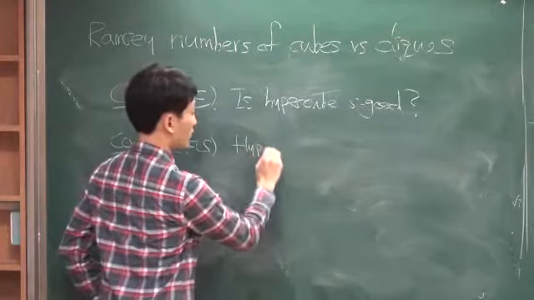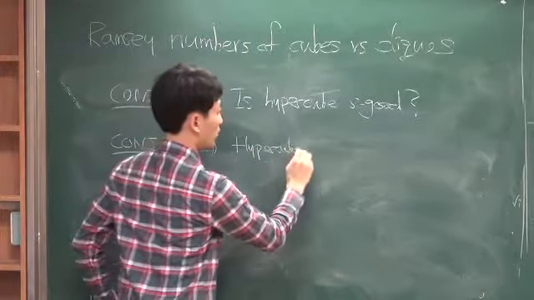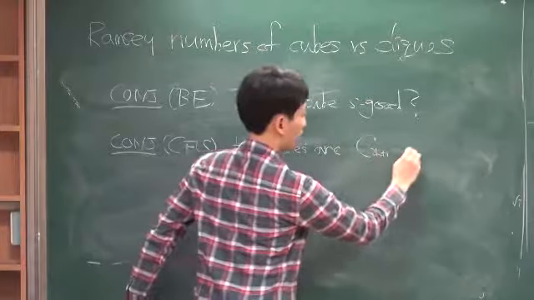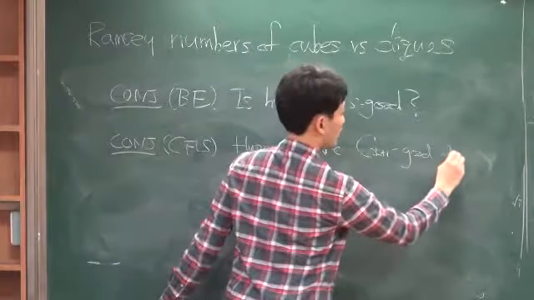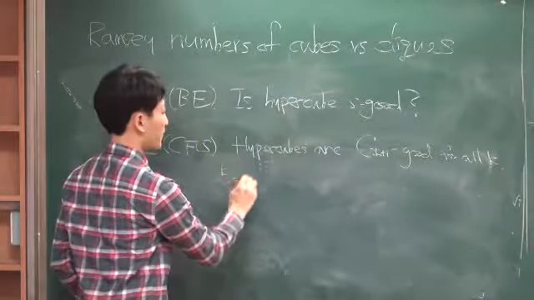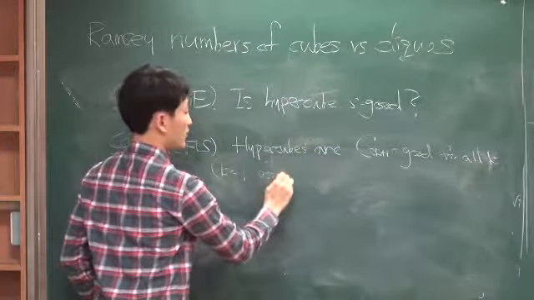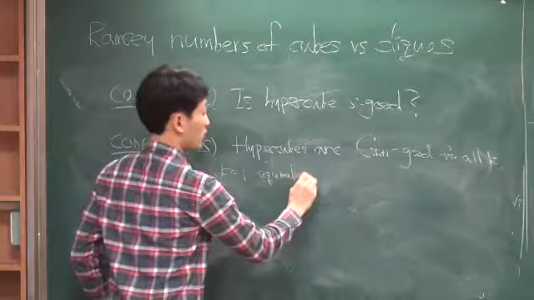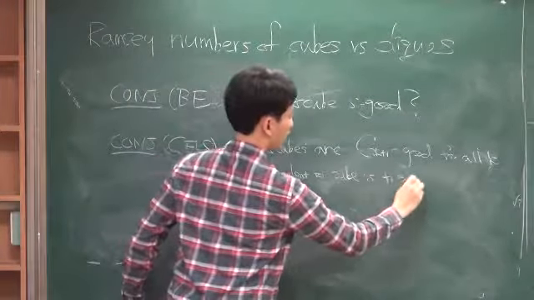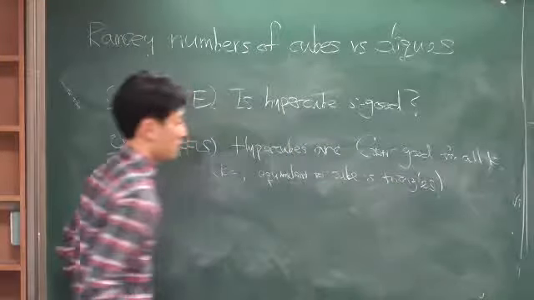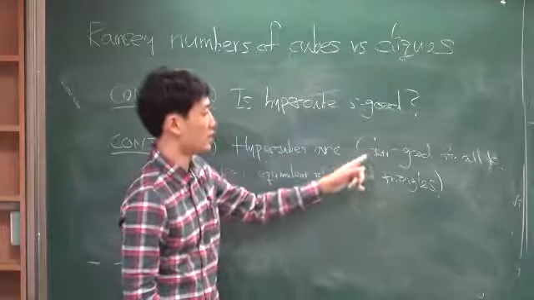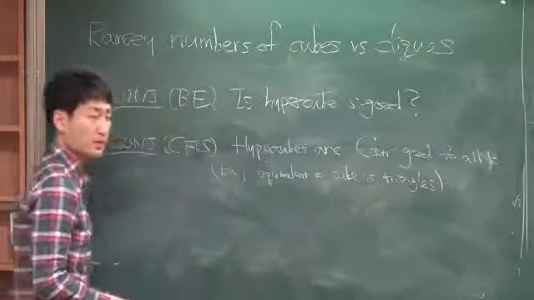The conjecture says, prove that hypercubes are C_{2k+1} good for all k. For k equal 1, this is equivalent to cube versus triangles. So now instead of looking at the complete graphs, we just want to look at odd cycles.